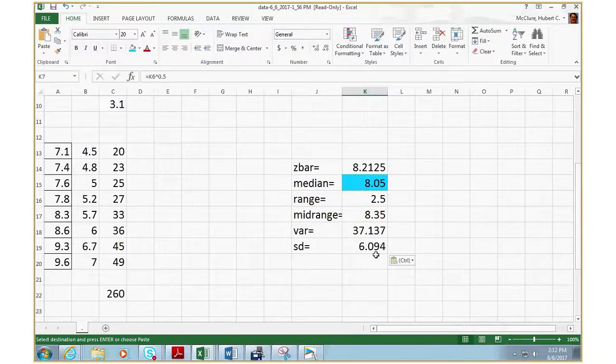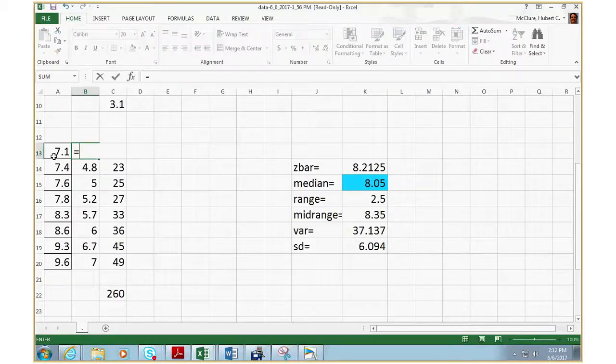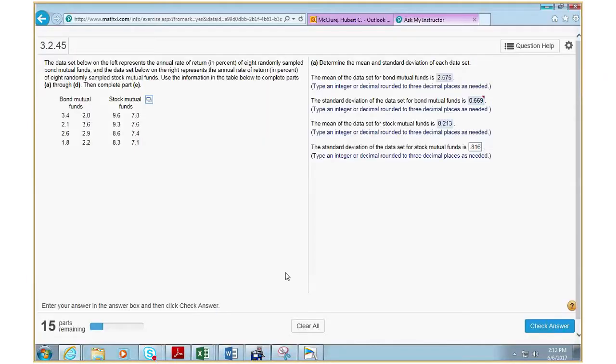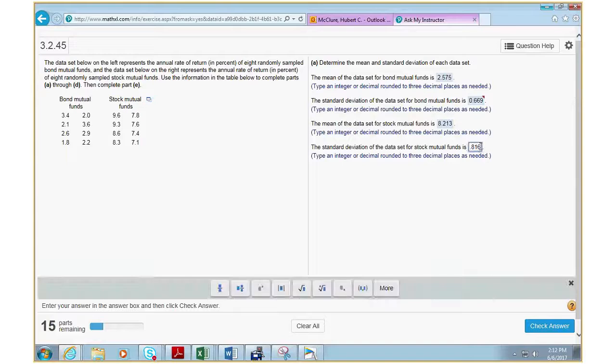Okay, I got something wrong. Let me check it. Equals this. He's saying he didn't submit. We don't know if his answers are right or not. Okay. 6.09. So let's go back to the question. 6.09.